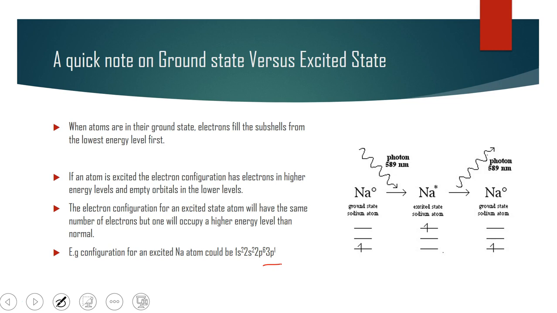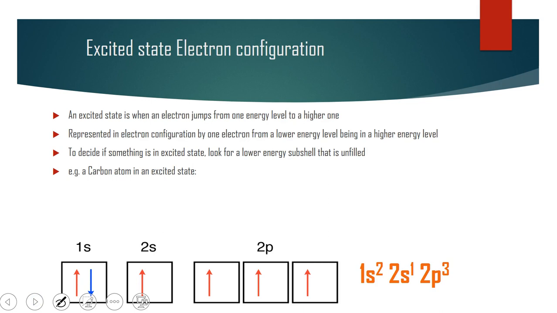In order to identify if something is excited, we just need to pay attention to see if there is an electron in a higher orbital than it should be and something's empty below it. We can show that here. We can see that this electron here has been promoted up into a higher energy level from 2s1 to 2p3.